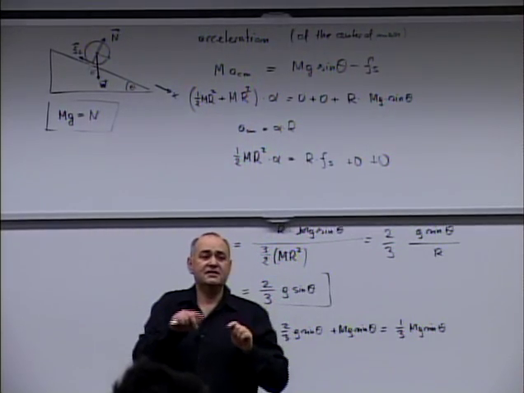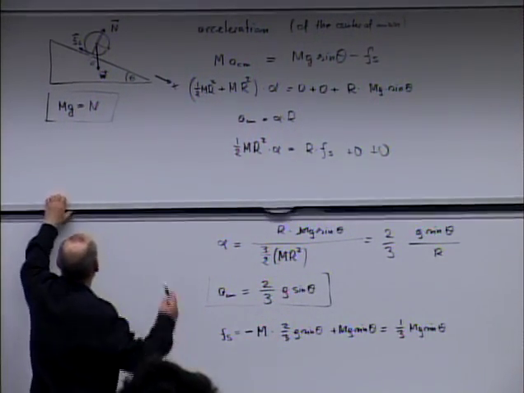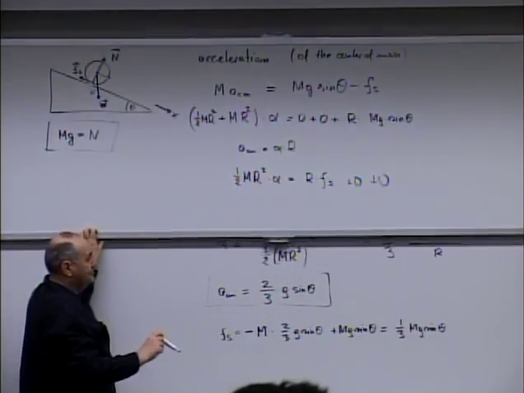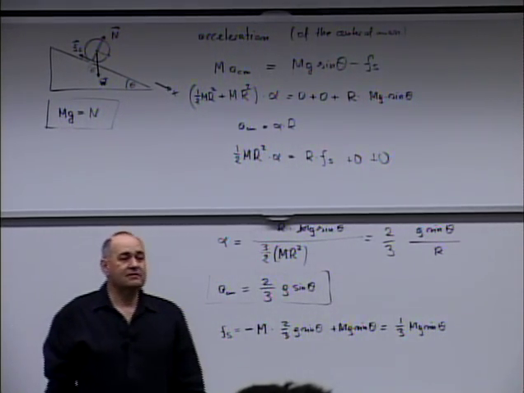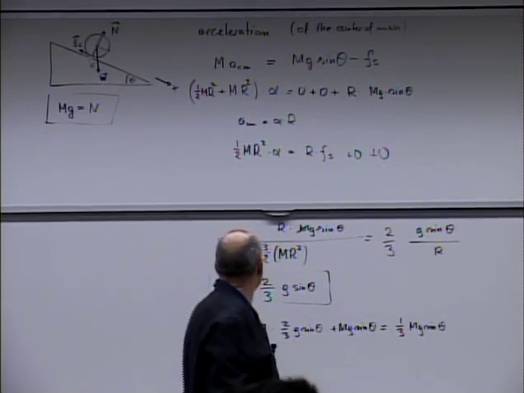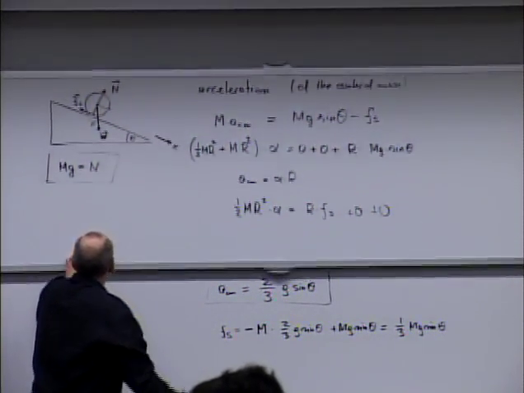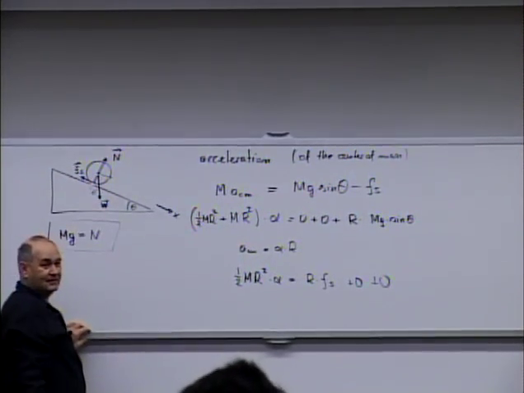So really, I was thinking about using Newton's second law about the instantaneous axis, about this point over here. Let's now check if I would get the same angular acceleration, if that angular acceleration is consistent with that frictional torque.